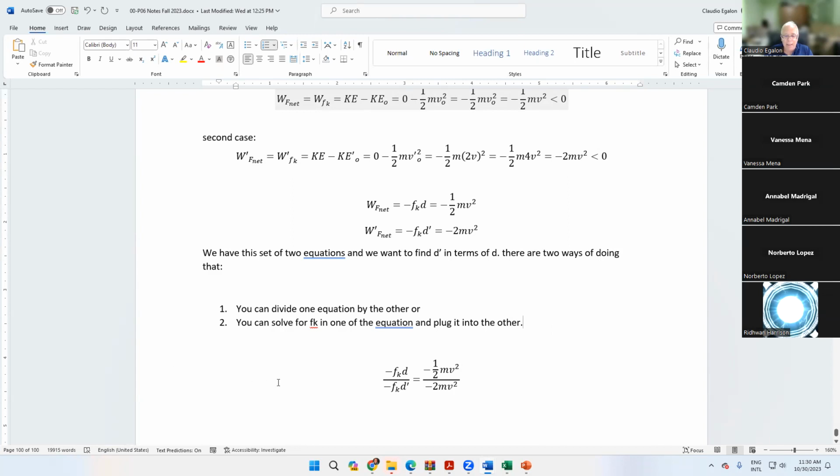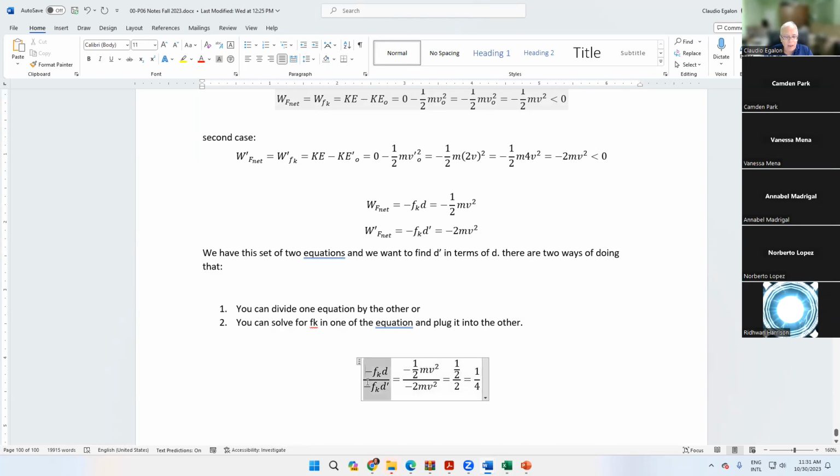What can I do to simplify that? I'm going to work out the right side first. mv squared cancels out. The negative sign also cancels out. And on the right side we end up with 1/4.